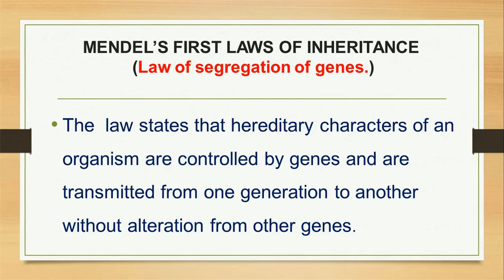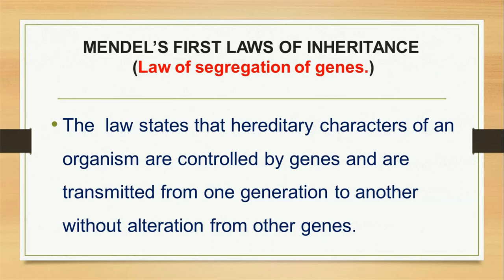For example, if you have 2 genes for a character like tallness and shortness, these are genes for a character. Now when they are being transmitted from parents to their offspring, they are being transmitted individually. They move from parents to the offsprings individually without any alteration from one another.